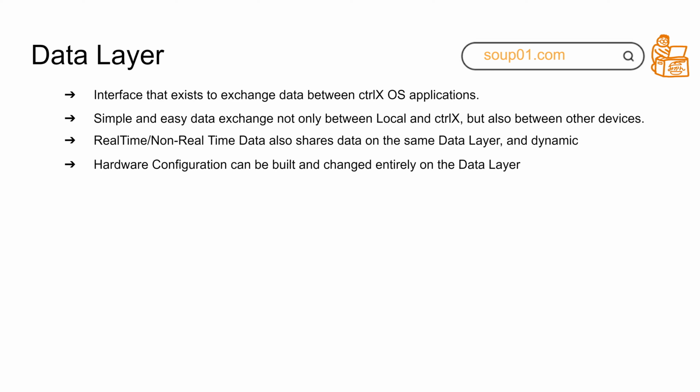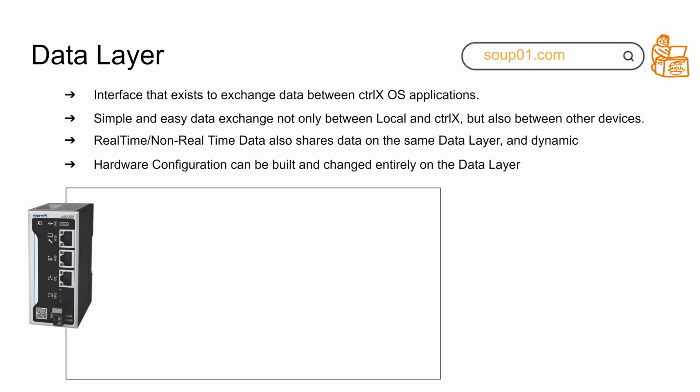Real-time and non-real-time data also share the same data layer, and it is dynamic. It means that, for example, if I create one axis in my ctrlX, then ctrlX will automatically generate the data layer of all the data inside the axis. And hardware conversions can be built and changed entirely on the data layer also.